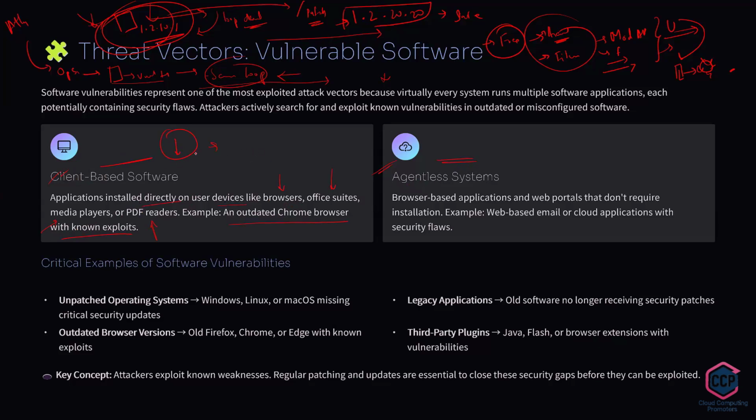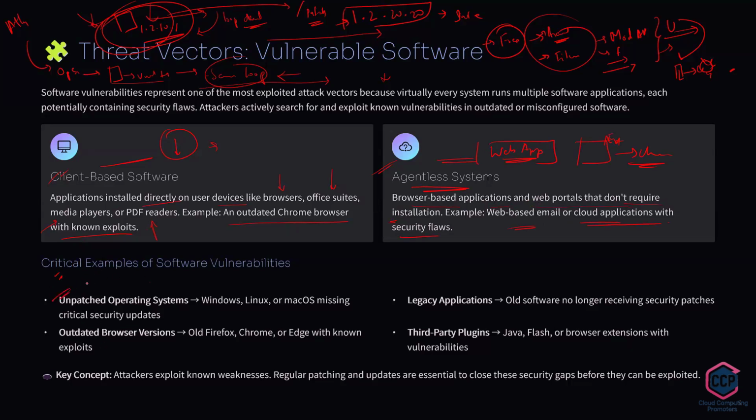Agentless systems are browser-based applications and web portals that don't require installations. These are web apps which we use as extensions in our Chrome, web-based email, or cloud applications with security flaws. I have already discussed critical examples, but we'll go with this.